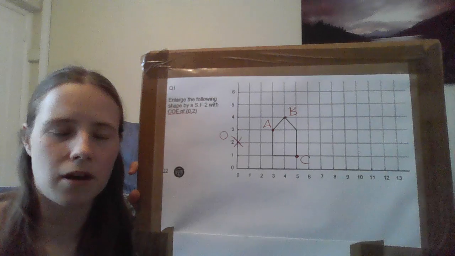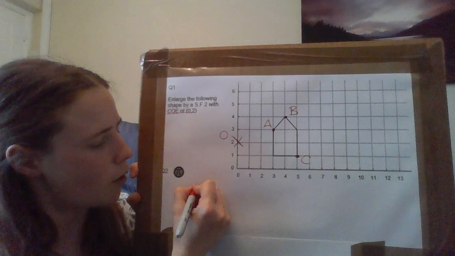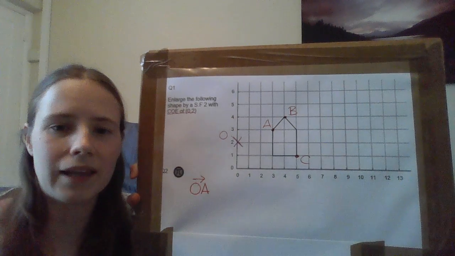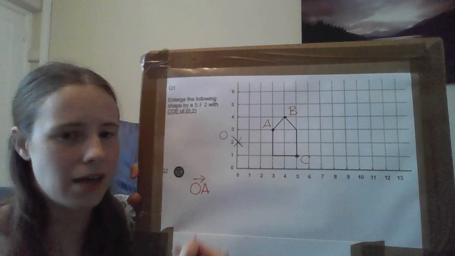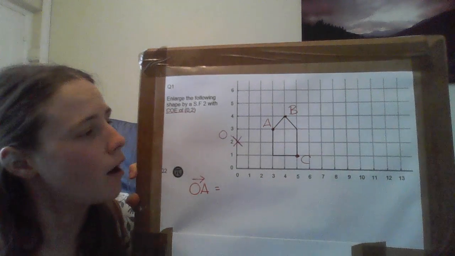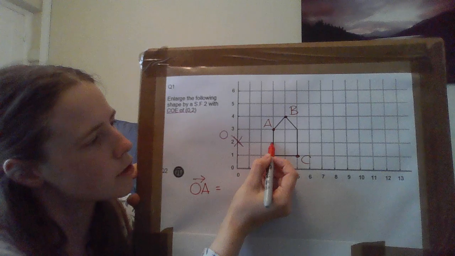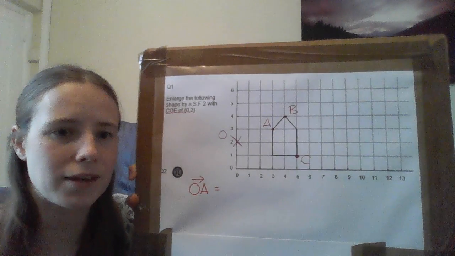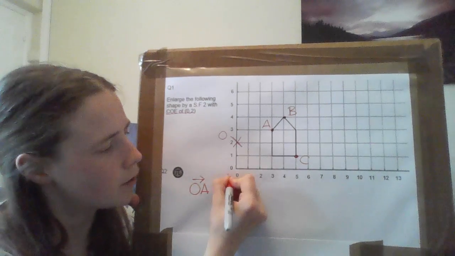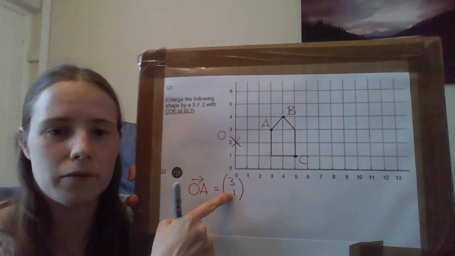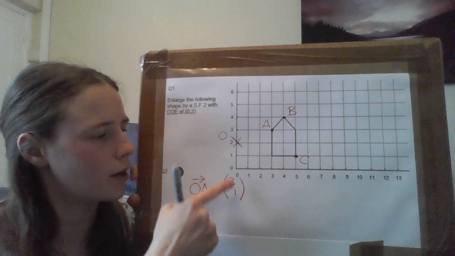So, for example, if I wanted to go from O to A, and I write that because it's a journey, I put a little arrow above it, so I'm showing going from O to A. If I want to do that by going across and then up, I would have to go 3 across and then 1 up. So to say 3 across and 1 up in vector notation, I just write a 3 and then a 1. And I always read across and then up or down afterwards. So it's 3 across, 1 up.